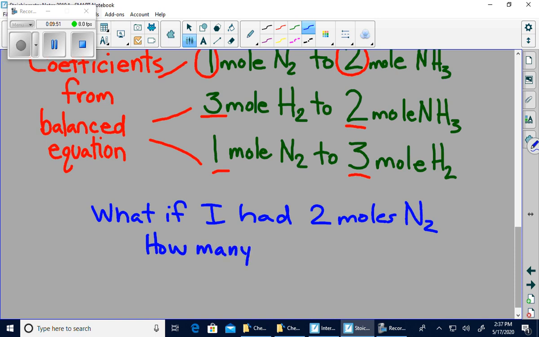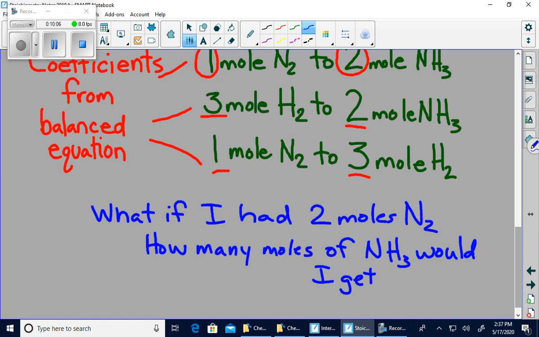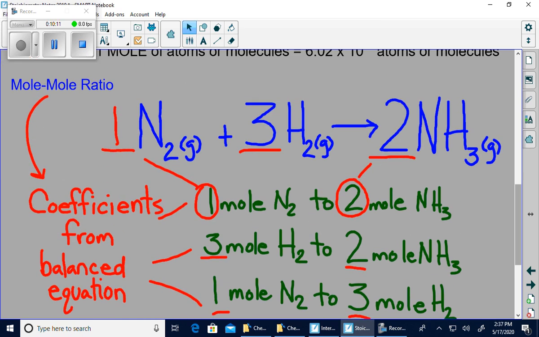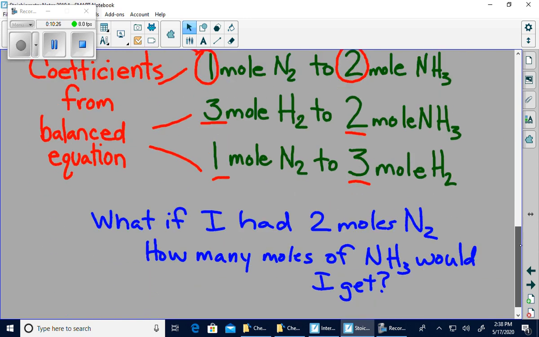How many moles of ammonia would I get if I had enough hydrogen? Okay, so let's look up here at this. Normally if I have 1 mole of nitrogen, I would get 2 moles of ammonia. Well, if I double that, so if I have 2 moles of nitrogen, I should get 4 moles of ammonia.